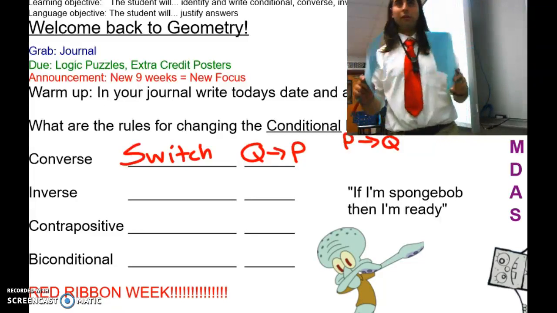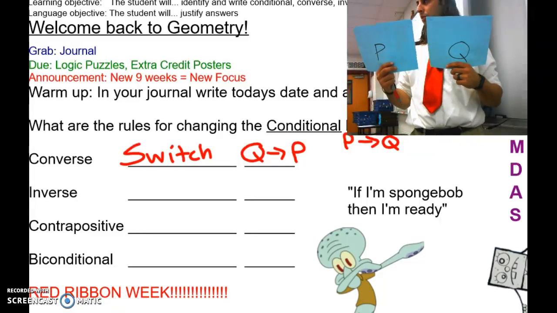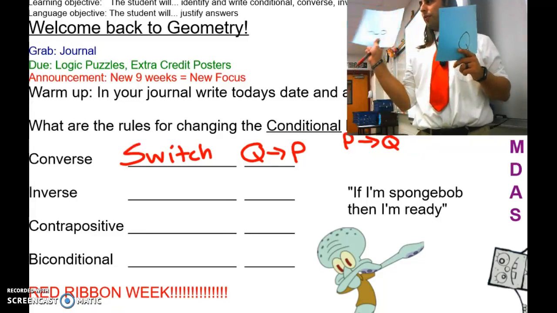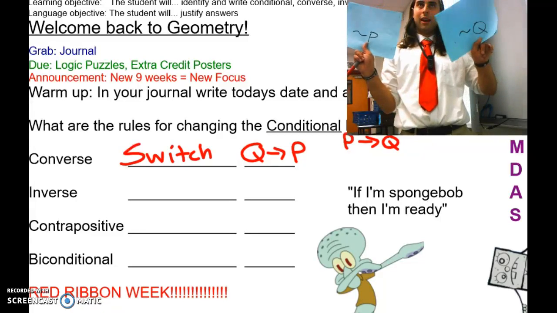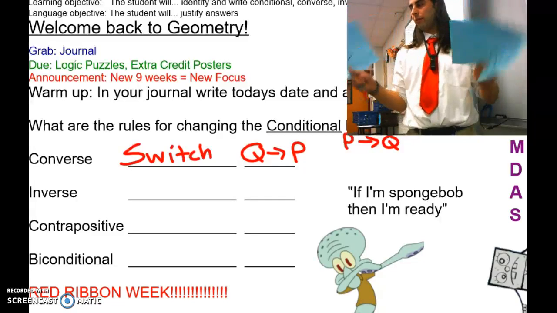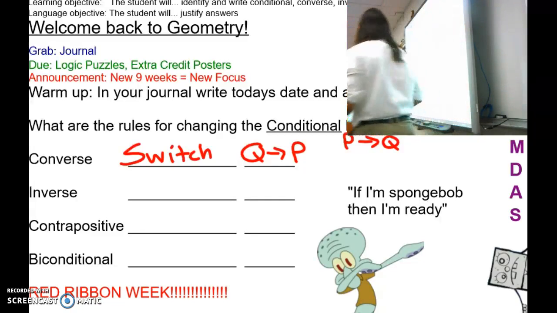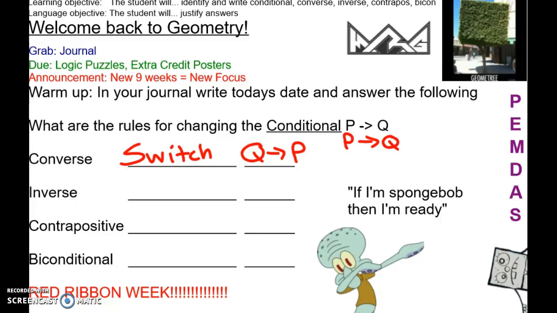All right? So, if P, then Q turns into if not P, then not Q. All right? So we're going to take inverse and make them both opposite. So we're going to write that down. Basically, both sides are opposite. The order stays the same, though. Okay?